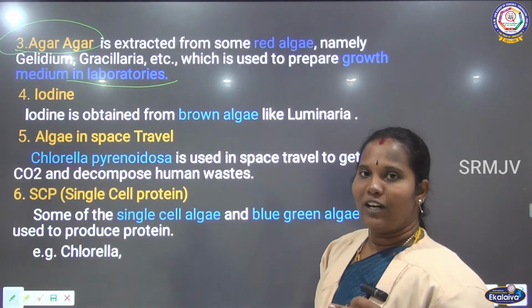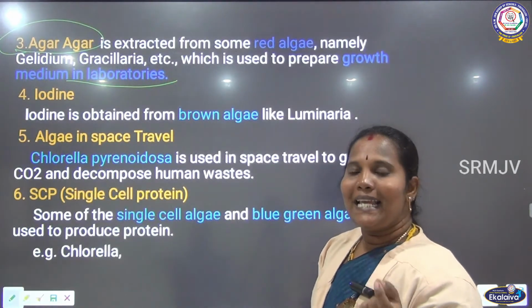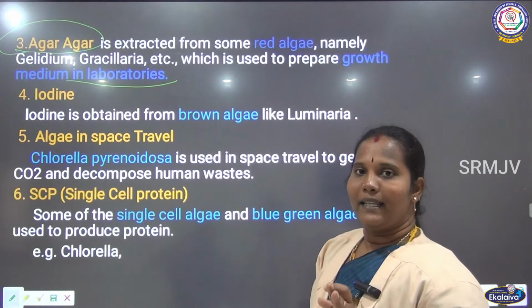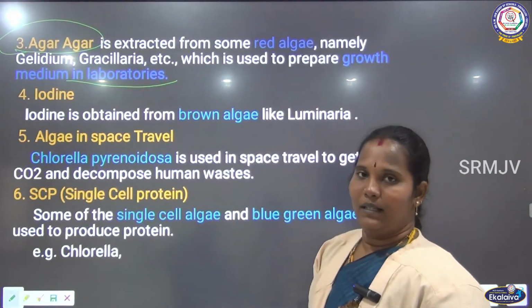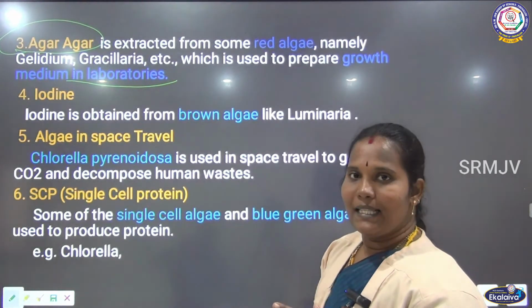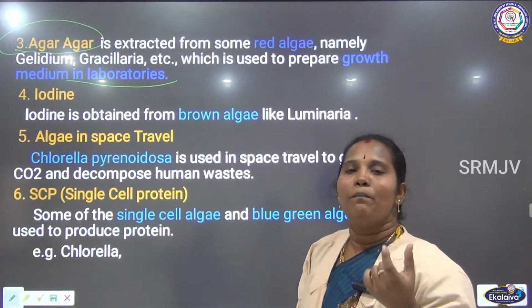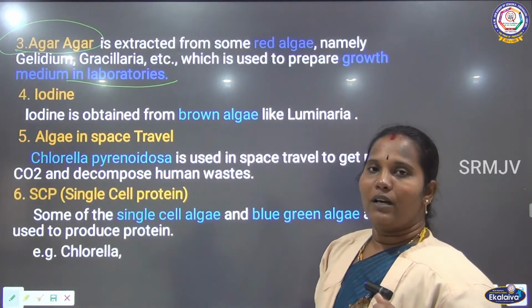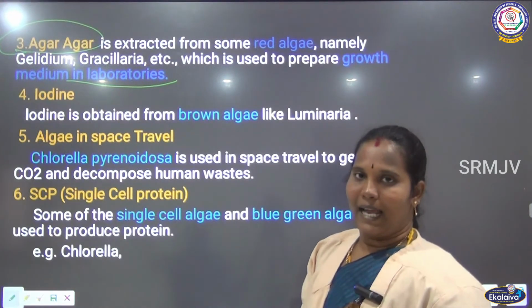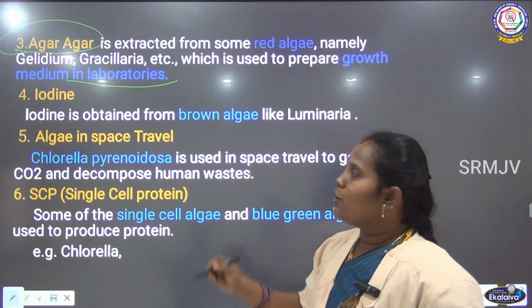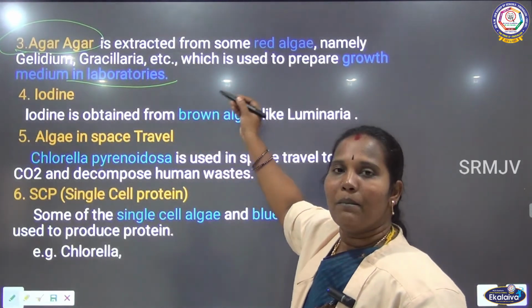Cloning means if you take one cell from another organism, we can grow that cell artificially in the lab. Is it or not? So in the laboratory process they are using agar-agar as a growth medium for those organisms. So for tissue culture and cloning methods, they are using this agar-agar as the medium.